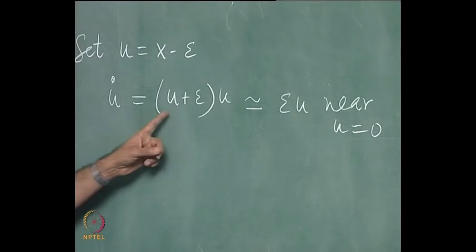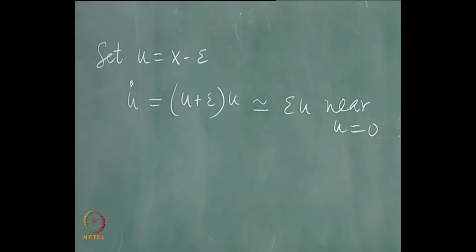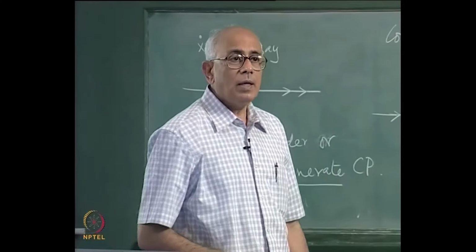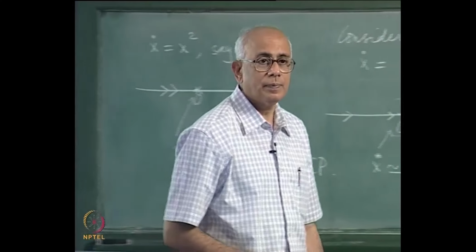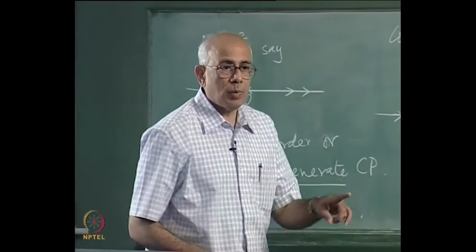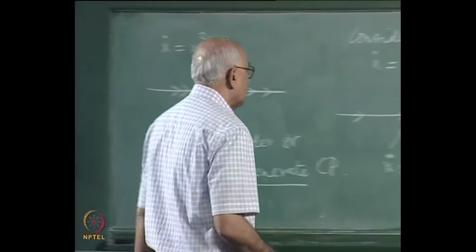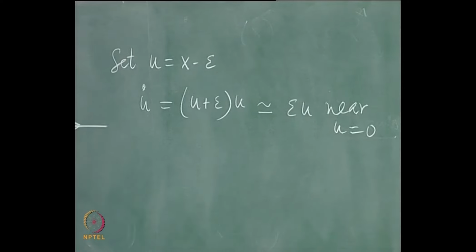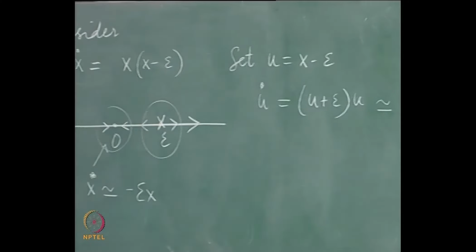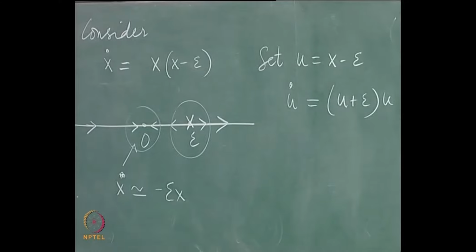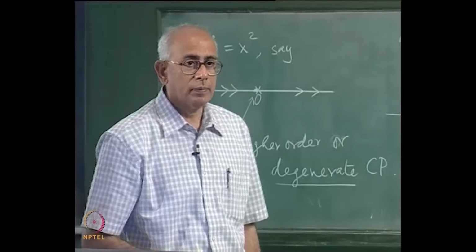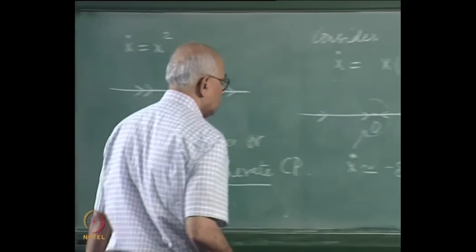So once again I neglect the quadratic term and the linear term is epsilon u near u equal to 0, and is that a repeller or an attractor? Since epsilon is positive, that is a repeller. So the picture would look like this outside, and if it is a repeller it is unstable, and I use the convention where I mark unstable critical points by crosses and stable critical points by dots, in which case this is what the global flow looks like.